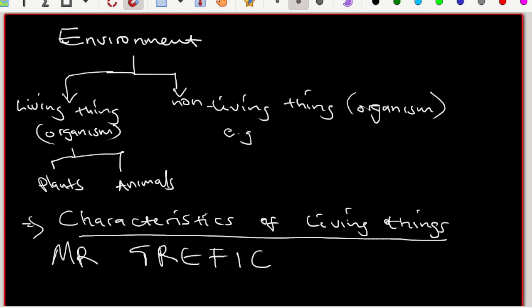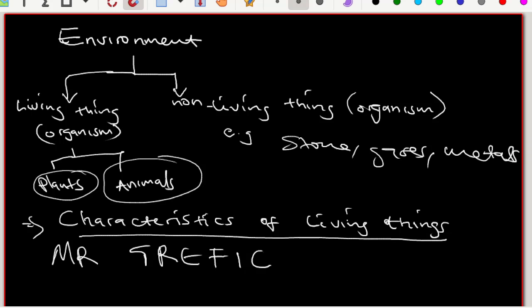For example, non-living things are stone, gases, metals and other things. But when it comes to living things, mainly it's either plants or animals. These two usually exist when it comes to living things.